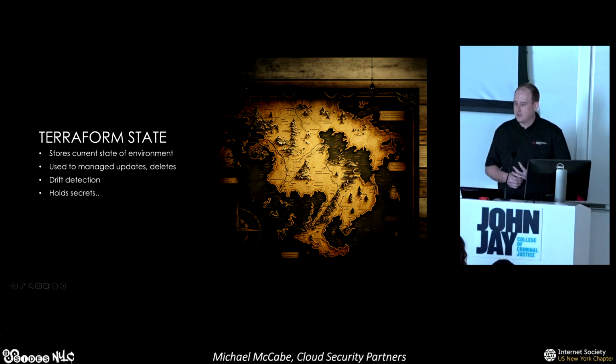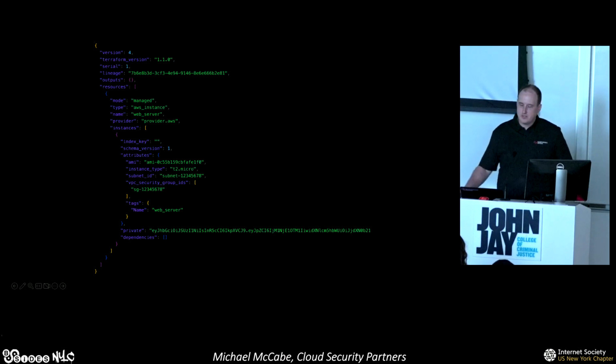So any secret that you create in your Terraform obviously has to go somewhere. It gets sent to the AWS provider, and it also ends up in your Terraform state. So if you're creating an RDS instance and you have a default master password, if you're creating an SSH key, if you're creating secret values in SSM or Secrets Manager, that's all going to end up in your Terraform state.